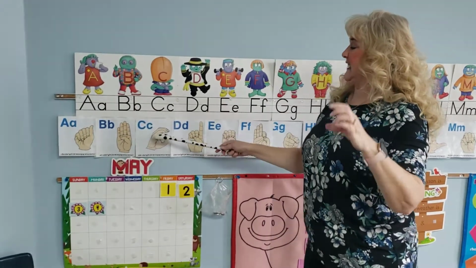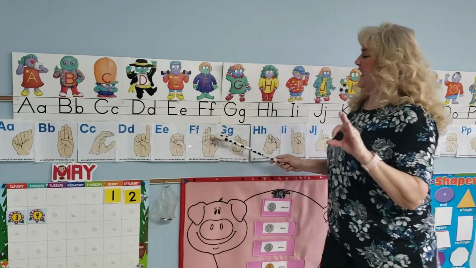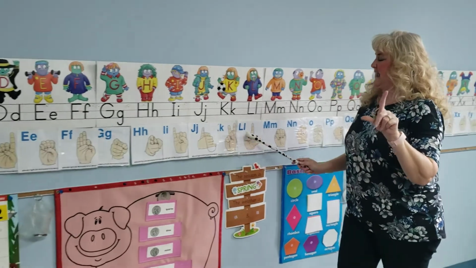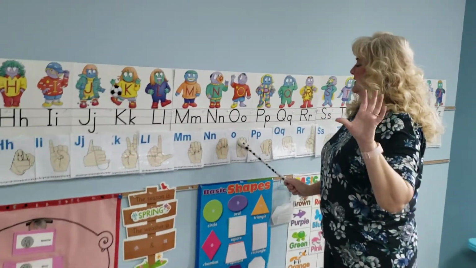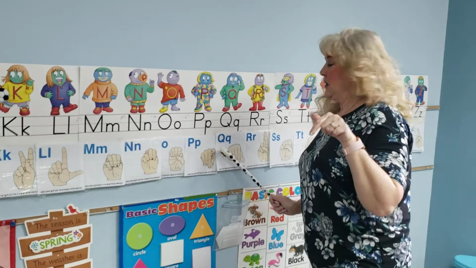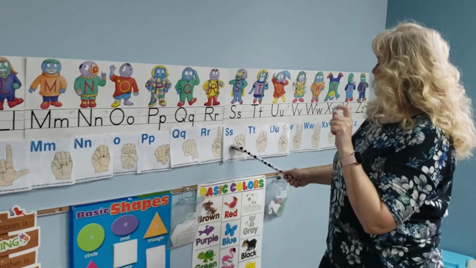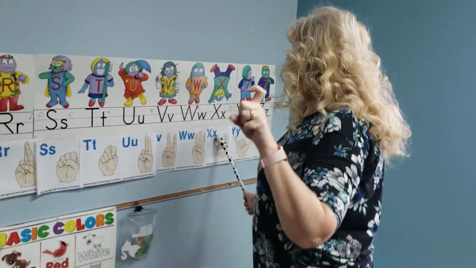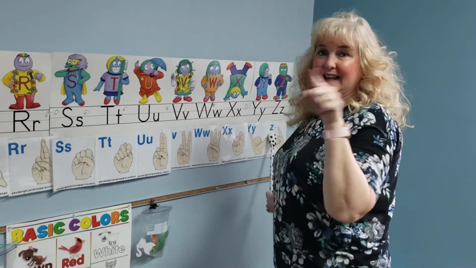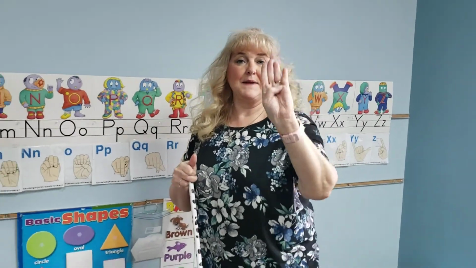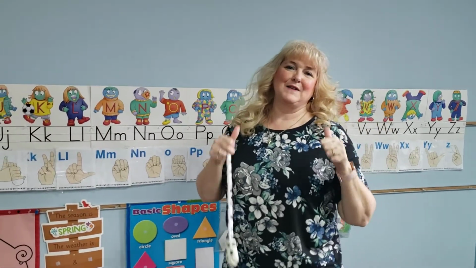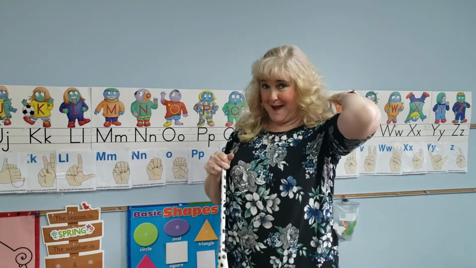A, B, C, D, E, F, G, H, I, J, K, L, M, N, O, P, Q, R, S, T, U, V, W, X, Y, and Z. Now I know my ABCs. I am very proud of me. Pat yourself on the back.